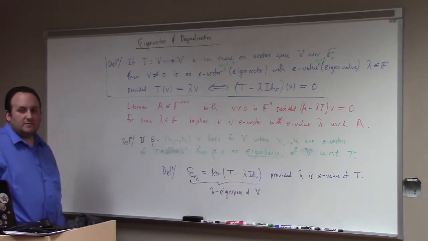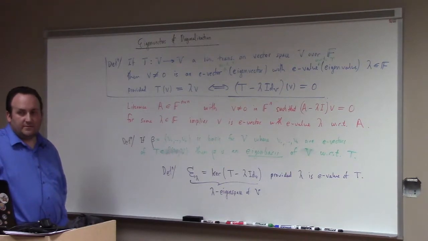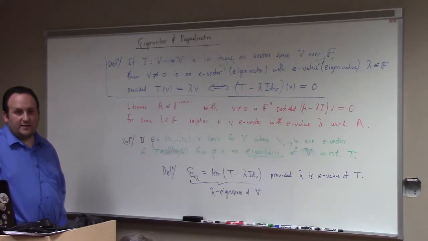On occasion, we won't actually use the value of lambda to label the E's. We might do E1, E2, E3, E4, even though the eigenvalues are like the square root of 17, or the square root of 3 plus the square root of 352, and then 1 plus i, and then 3 minus 17i. They don't make good labels, right?